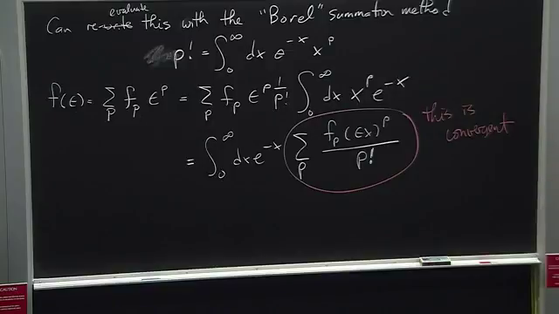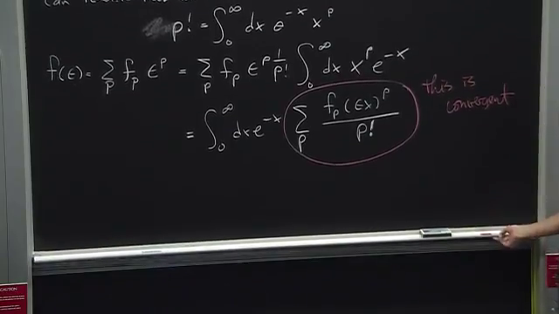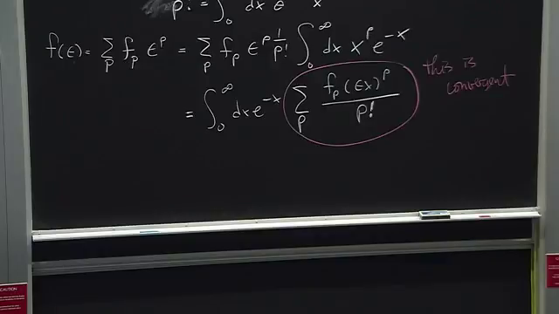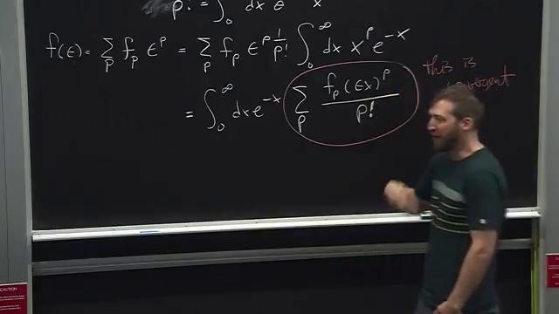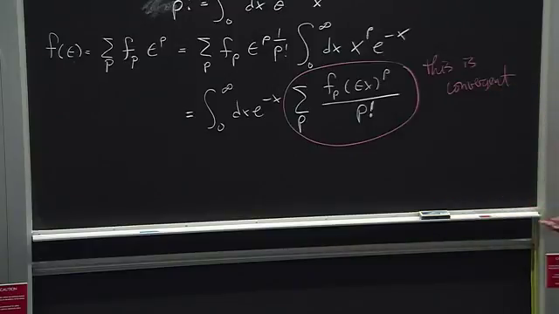Borel resummation. So it's convergent, results in a function. You just got to integrate that function. And that's how these higher order in epsilon calculations actually have to be done.